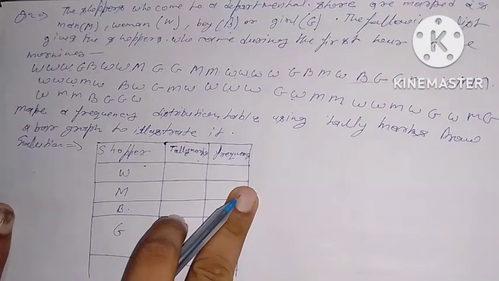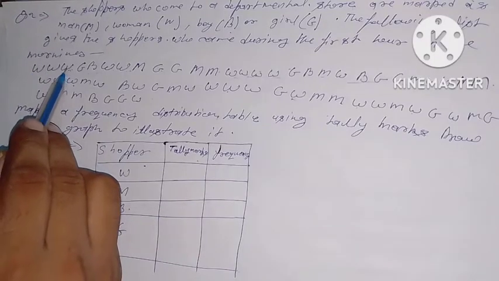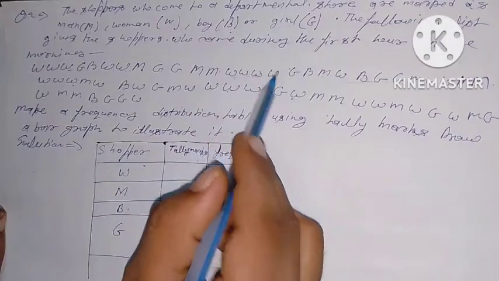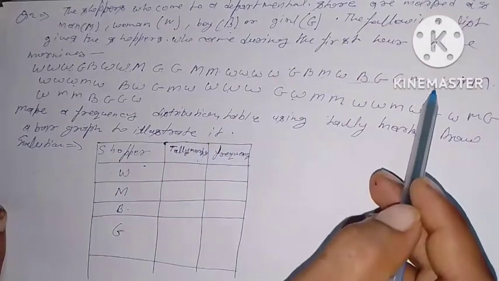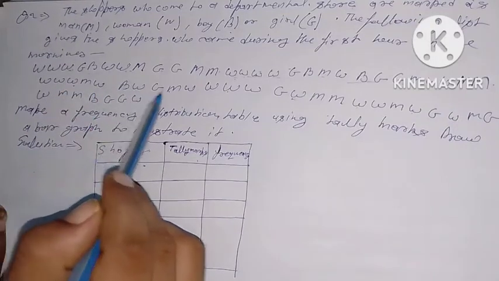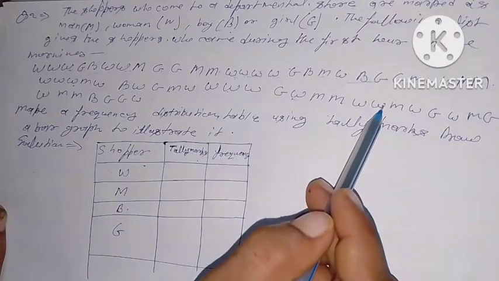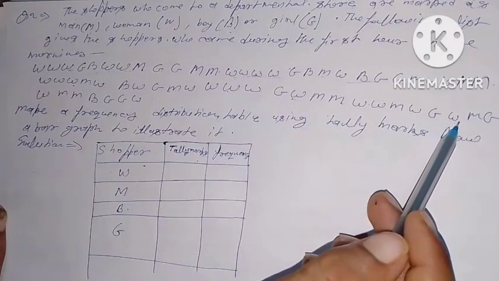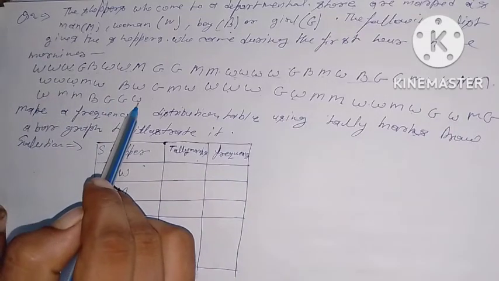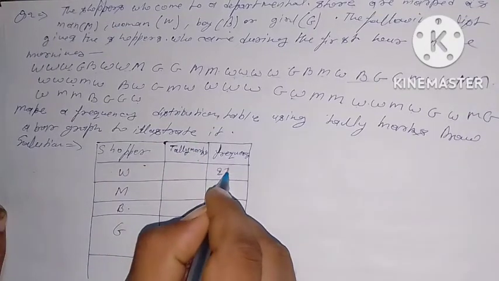Frequency: how many times woman? Counting 1, 2, 3, up to 28 times. Then the frequency is 28.